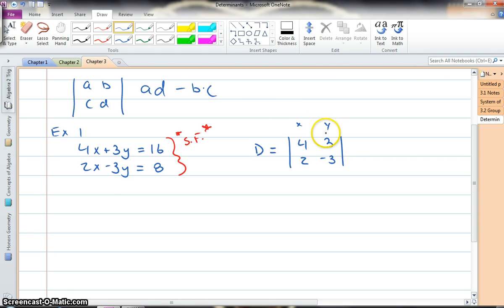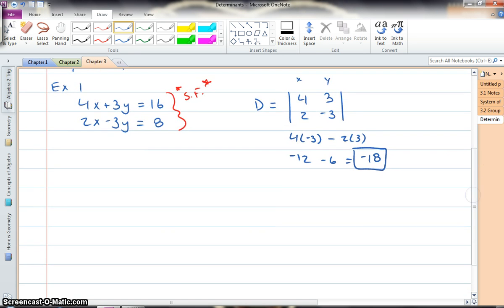So I created a 2 by 2 matrix with that information. Now let's find the determinant. So I have 4 times negative 3 minus 2 times 3. So I have negative 12 minus 6, which is negative 18. And we're going to put a box around that number because we're going to need it in a bit.